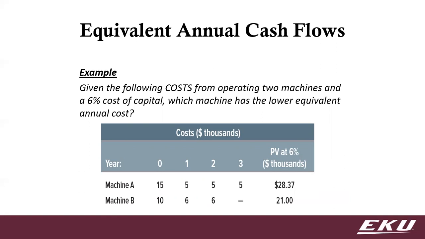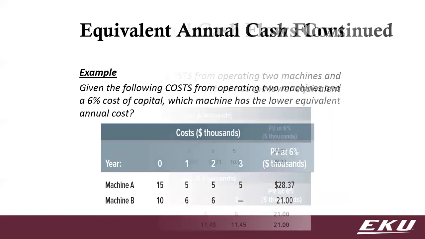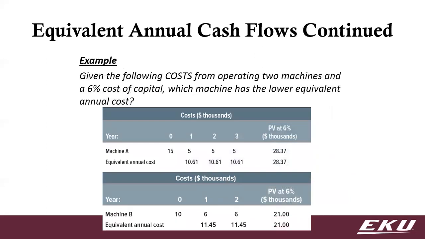If you were to discount those cash flows at 6%, the present value of the machines is $28,000 for A and $21,000 for B. Using that, we can ask: if I had $28,370 for machine A, and I were to not pay that up front, but break it up across the years, like how you think of depreciation, what would be the equivalent payment over 3 years?